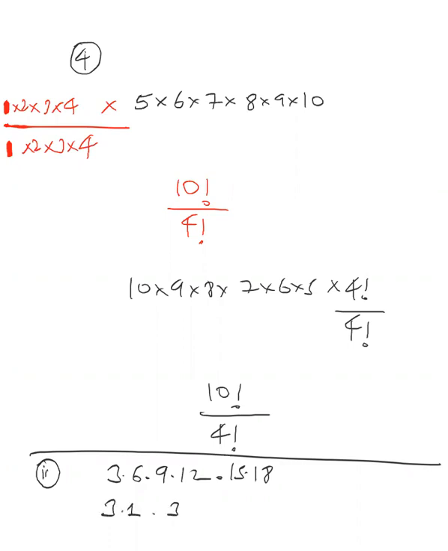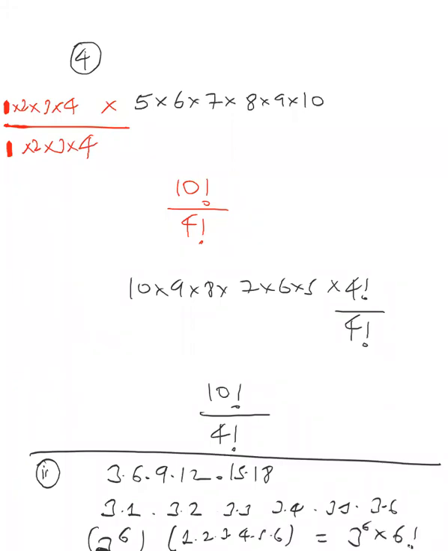Not common, multiply only. 3 into 3, this is 3 into 4, this is 3 into 5, this is 3 into 6, and 3 will come out 6 times. Then 1 into 2 into 3 into 4 into 5 into 6. So the answer will be 3 power 6 into 6 factorial. This type of question is also there. Second subdivision, please note it down. Then I'll tell you the third subdivision. Note it and raise your hand.